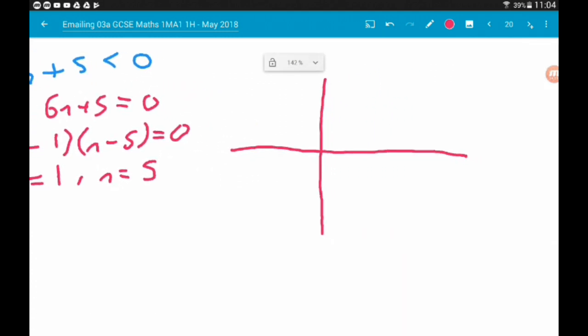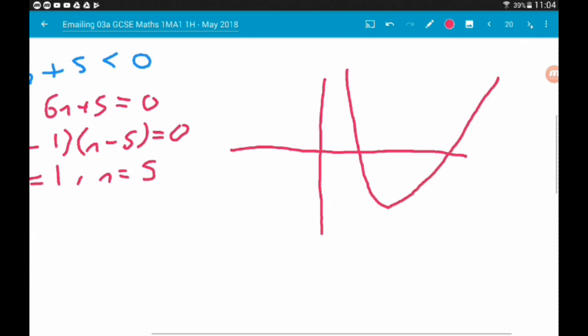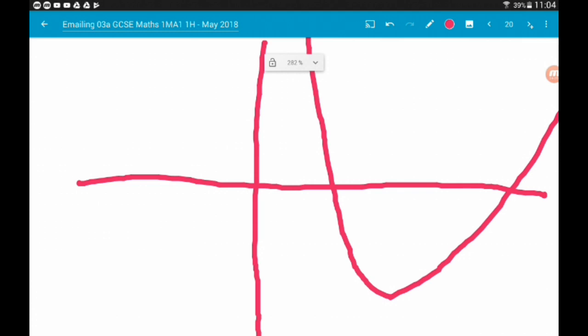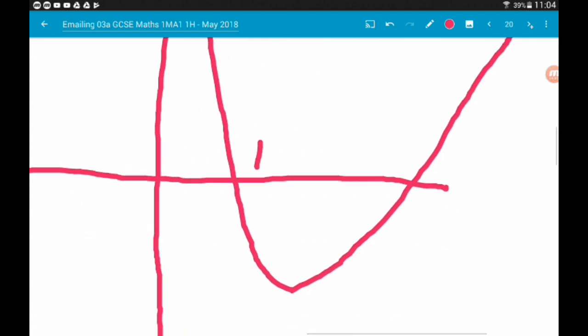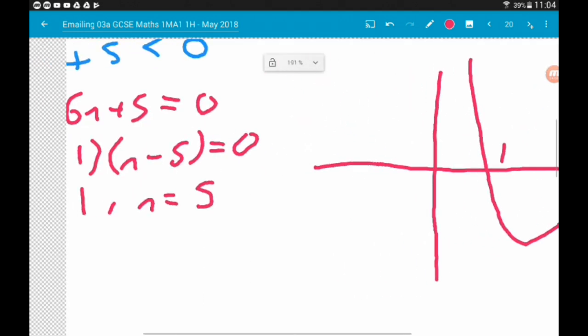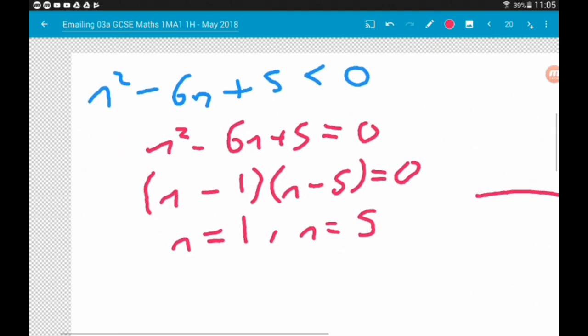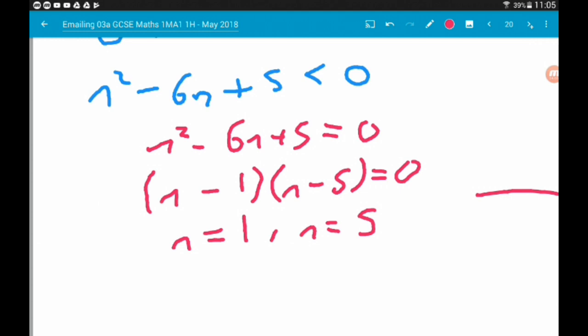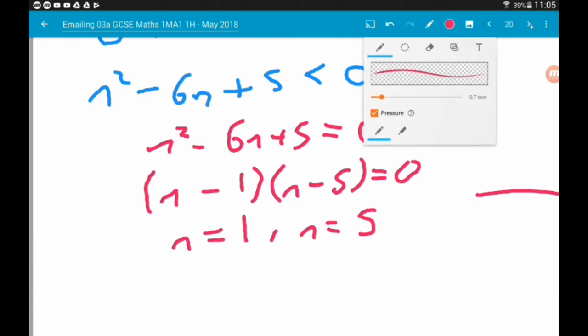So this quadratic is going to look like this, where this value is 1 and this value is 5. So we can now use the graph to solve the inequality. So what we want are values of n such that n squared minus 6n plus 5 is less than 0, so it's negative.